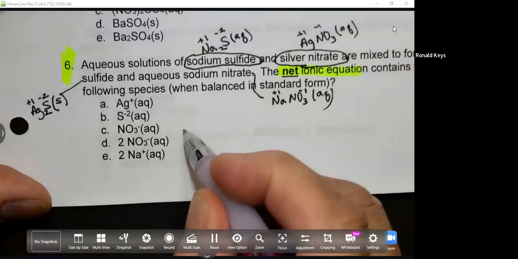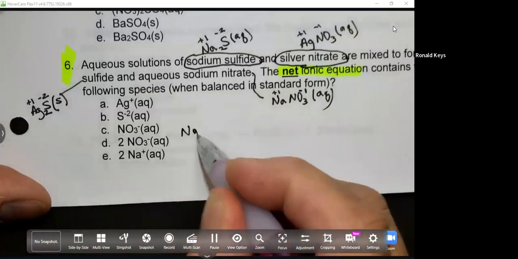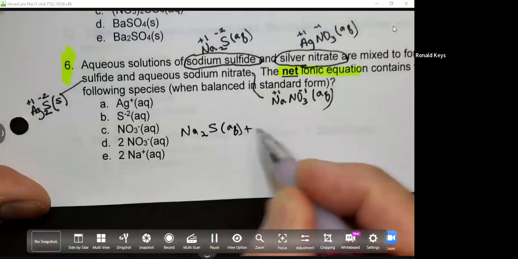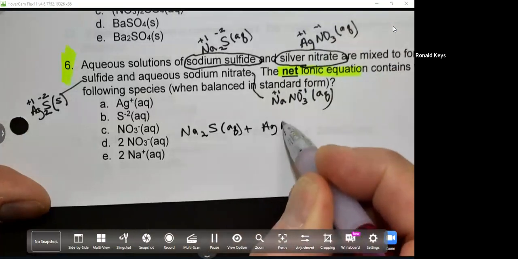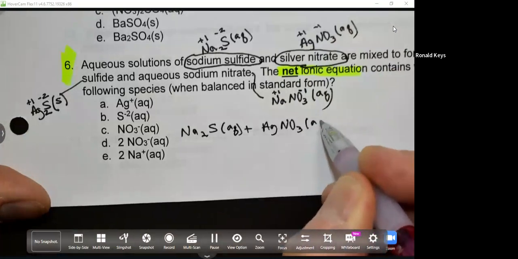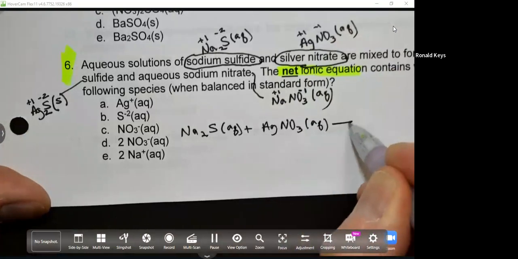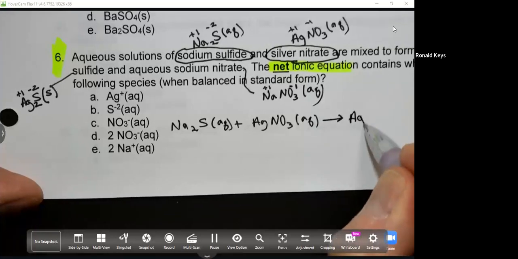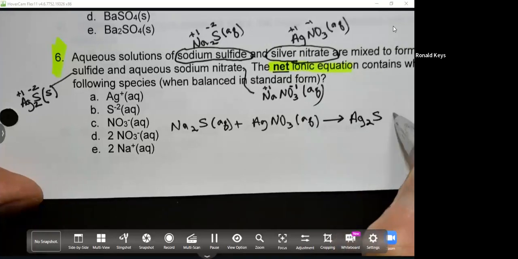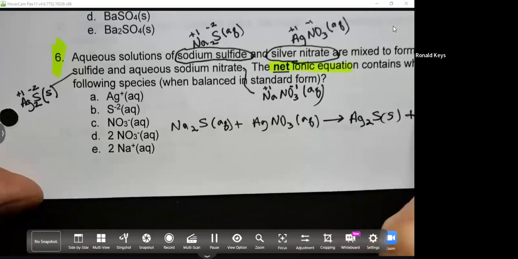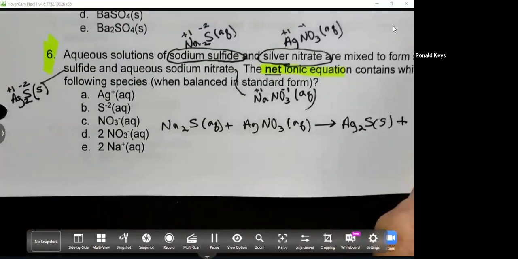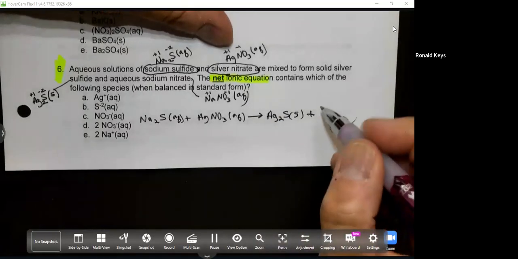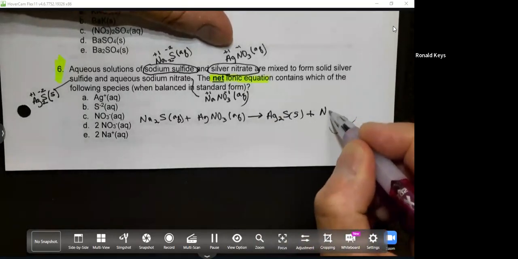So first of all, let's write out the complete molecular. Na2S aqueous plus AgNO3 aqueous. It said we get silver sulfide solid, plus aqueous sodium nitrate.